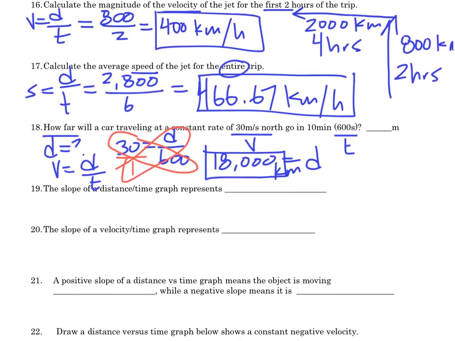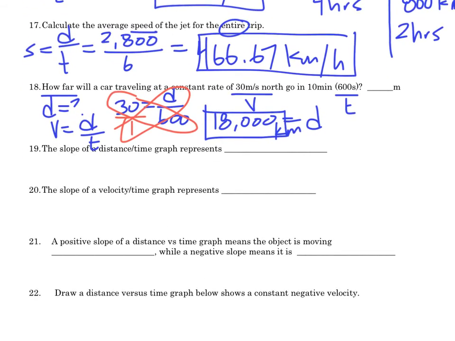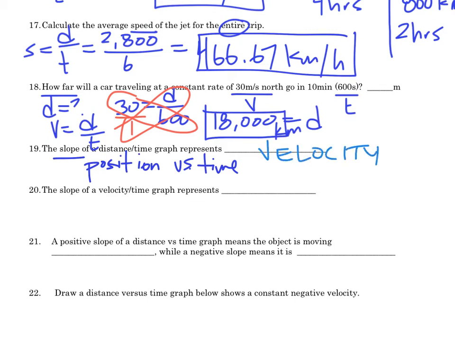Okay, moving forward. The slope in a distance versus time graph, also known as position versus time, represents the velocity of that object.